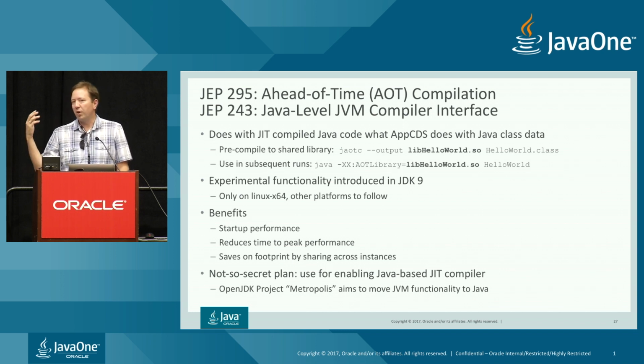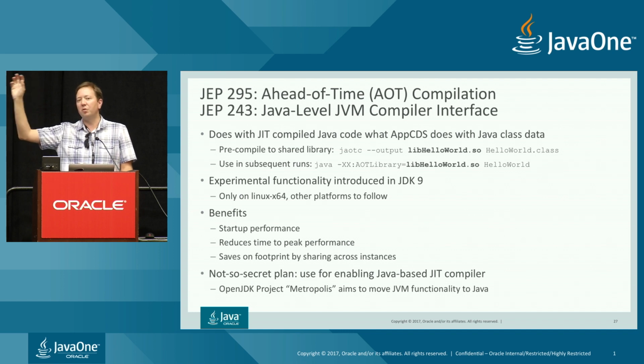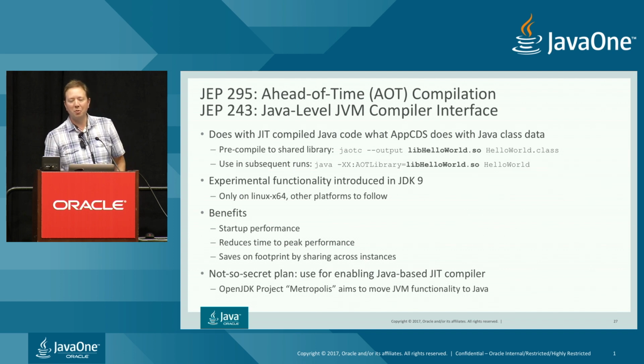But you have startup, you have time to peak performance. Instead of having to go through the full cycle of first interpreting code, then compiling code with profiling, capturing code in it, and then optimizing the code fully in the end, we have already shortcut the first part of that. So you have a reduced time to peak performance.